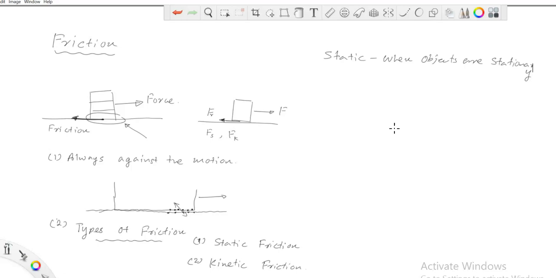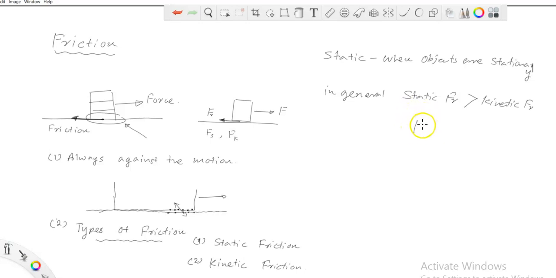So static friction is when objects are not moving relative to each other, and kinetic friction is when things are moving. Now there is a difference between the amount of friction you feel. In general, static friction is bigger than kinetic friction. We normally use letter symbols.